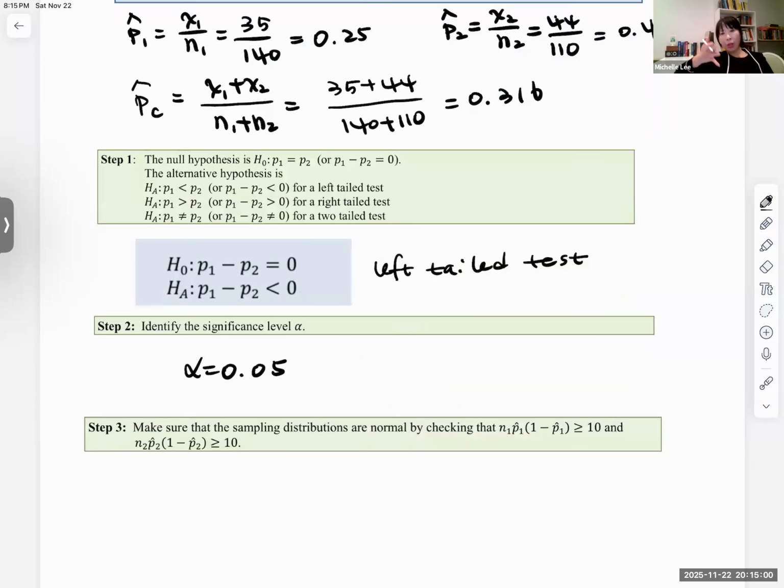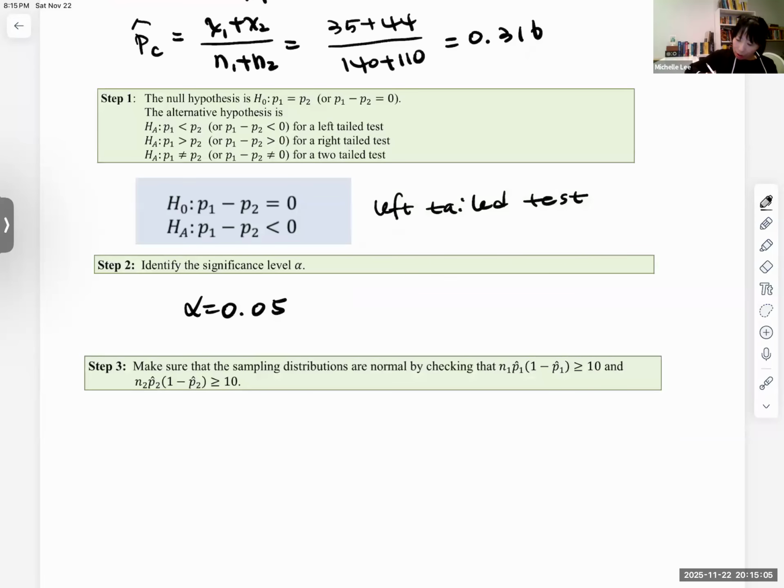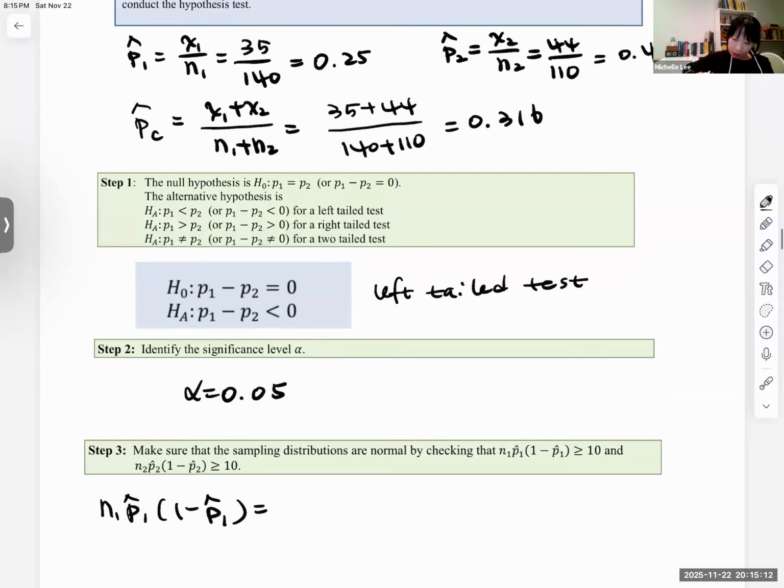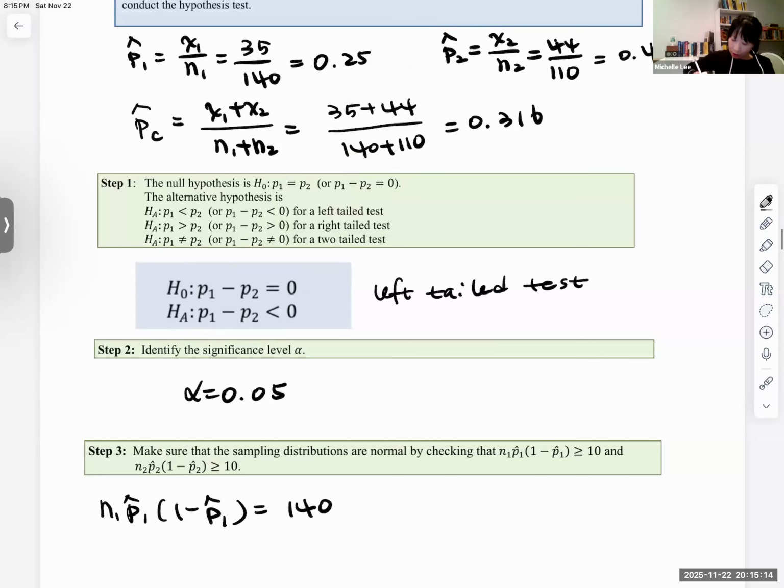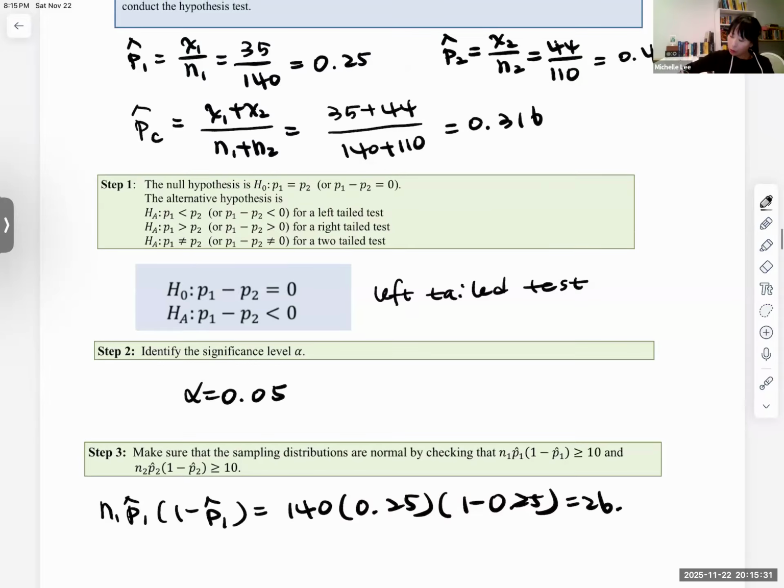Now we need to check whether it is normal or not. So let's check that. n sub 1, p hat sub 1, 1 minus p hat sub 1. So n sub 1 is 140, p hat sub 1 is 0.25, 1 minus 0.25. What do we have? We get 26.25, greater than or equal to 10. Good.